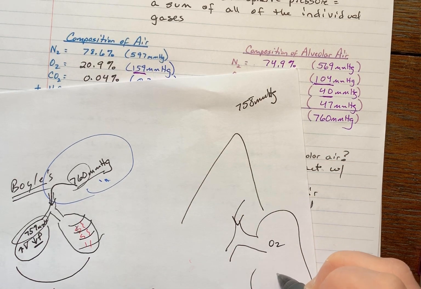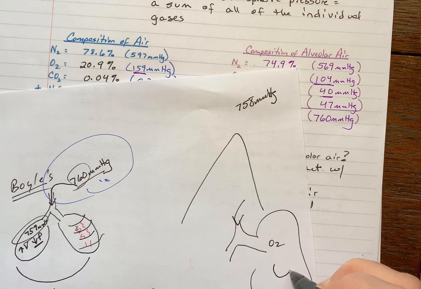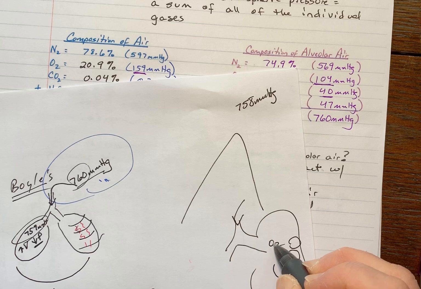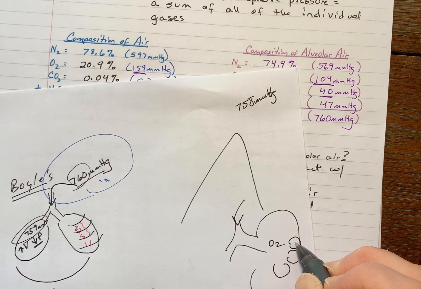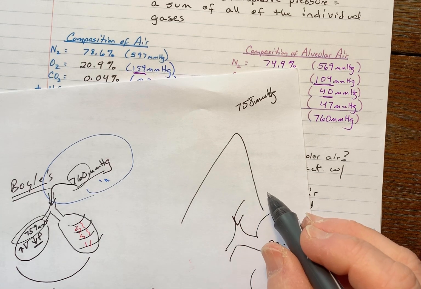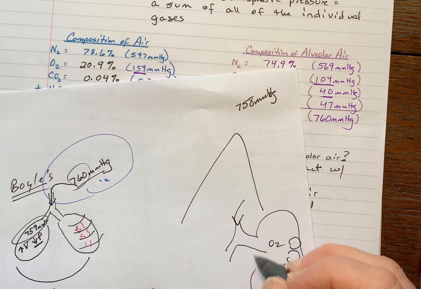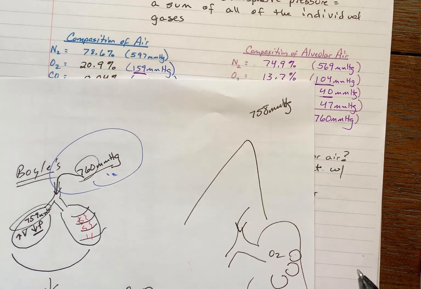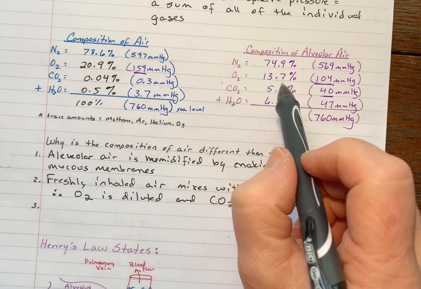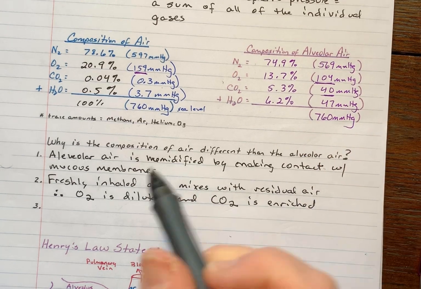All right, but what's down here already are your alveoli, and we want a lot of oxygen to go in here, and as soon as it comes down the conducting zone, it's mixing with a lot of CO2 that's on its way out. All right, so this mixing process causes a difference between the oxygen and the carbon dioxide.